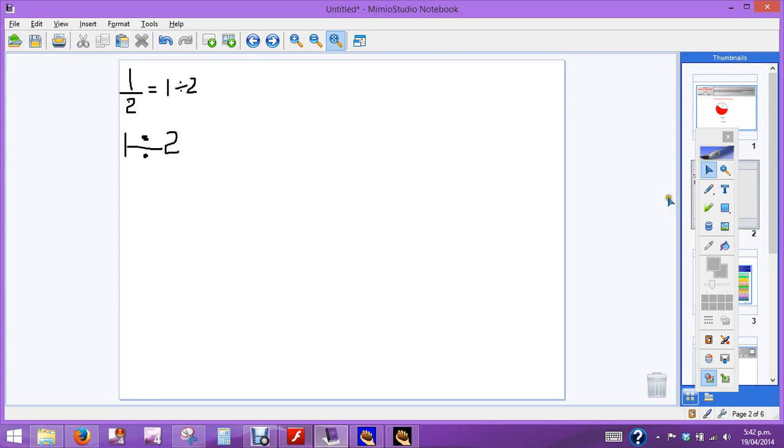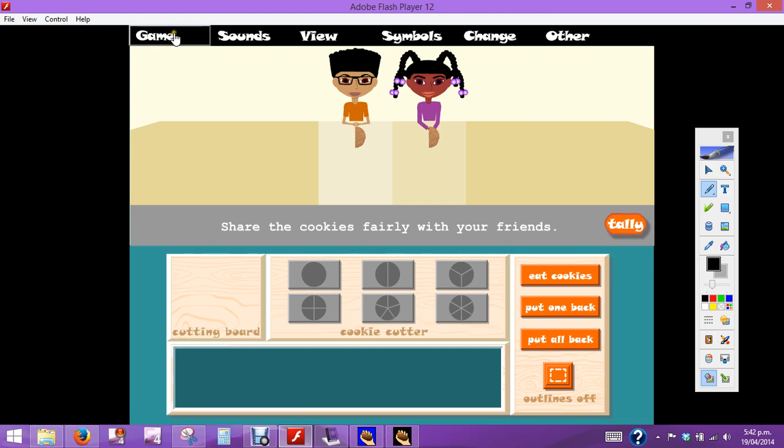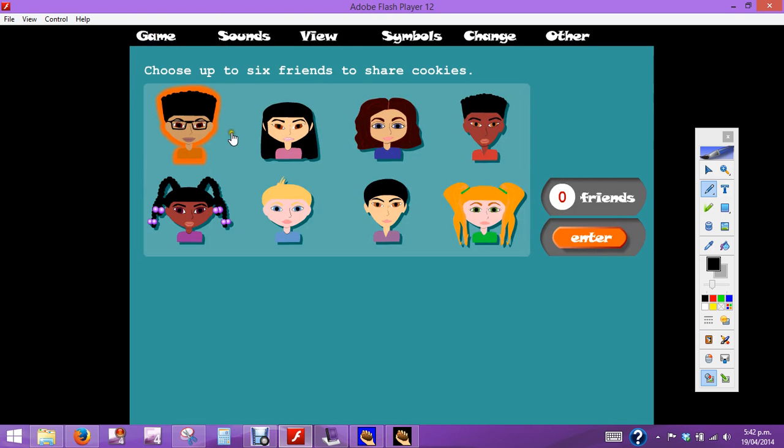Very familiar one also is 1 cookie or 1 whole split up 3 ways. So 1 divided by 3 as a division needs 3 mates.